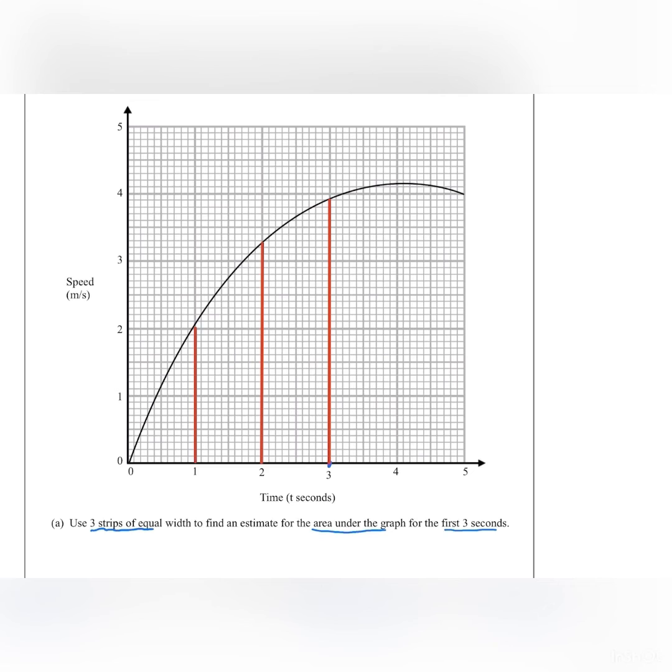Now if you look at the strip over here, if I just draw a line from this point to here, this becomes a trapezium. So we got A and B over here, and we got the height of the trapezium at the bottom.